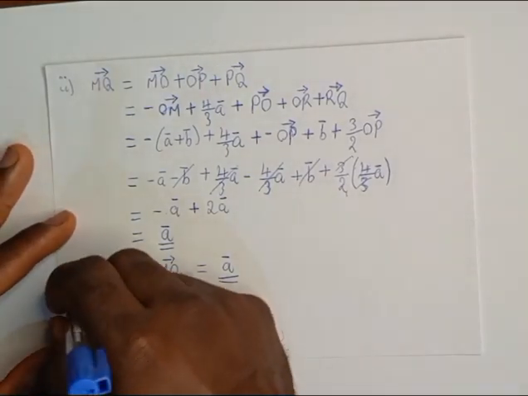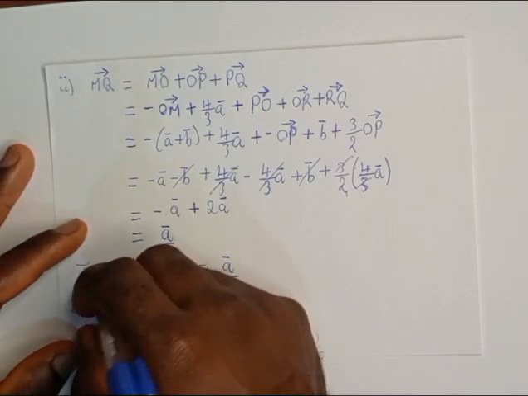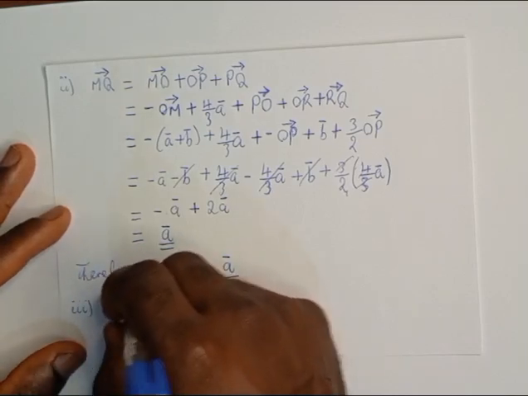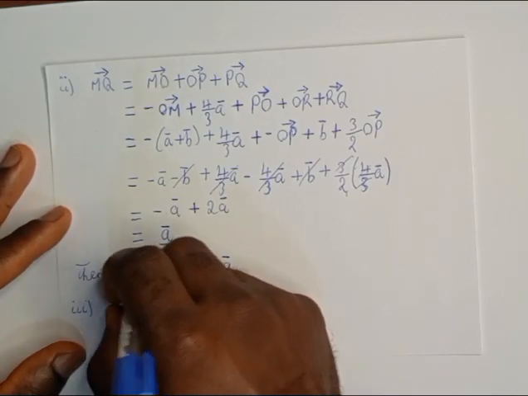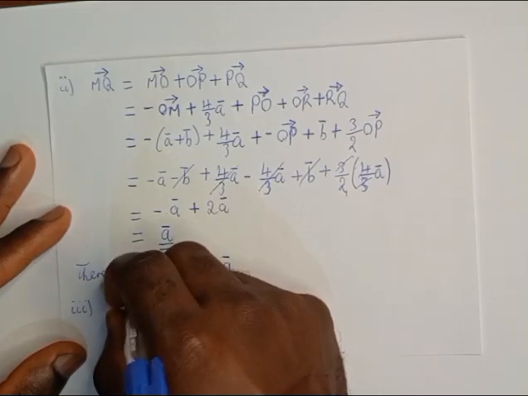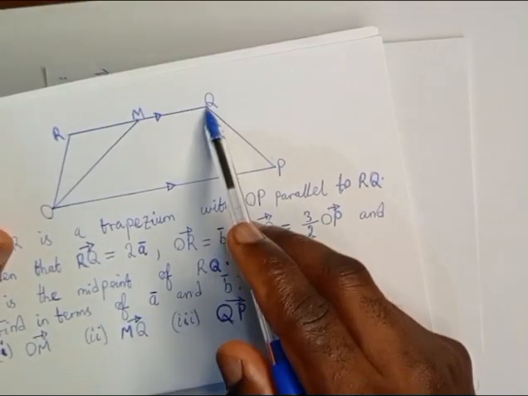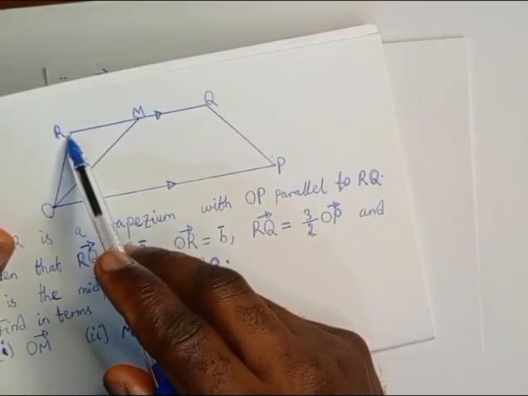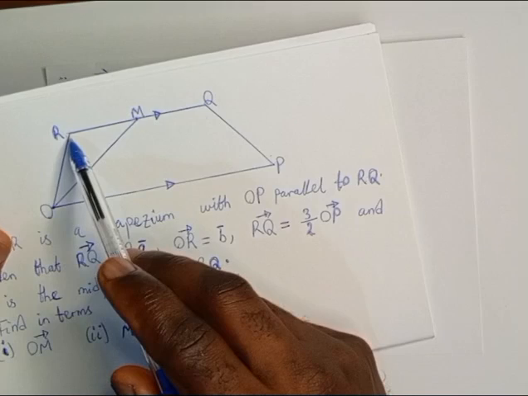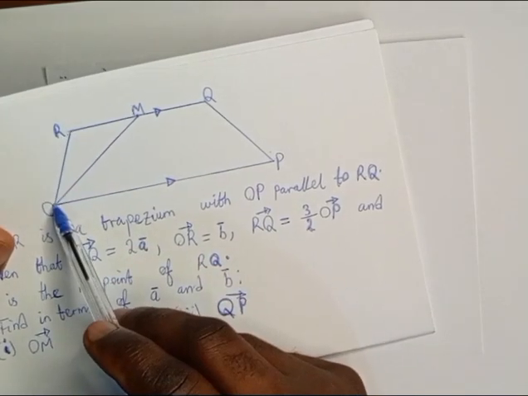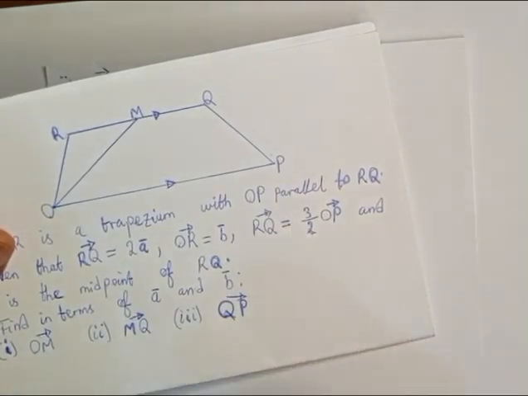We move now to 3I. For 3I, we have to express vector QP in terms of A bar, B bar. QP vector is simply equal to QR vector plus RO vector plus OP vector.